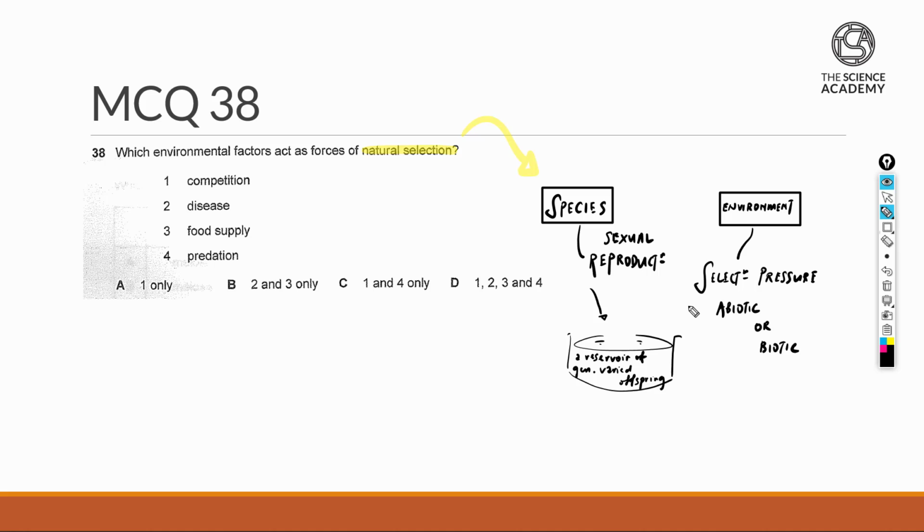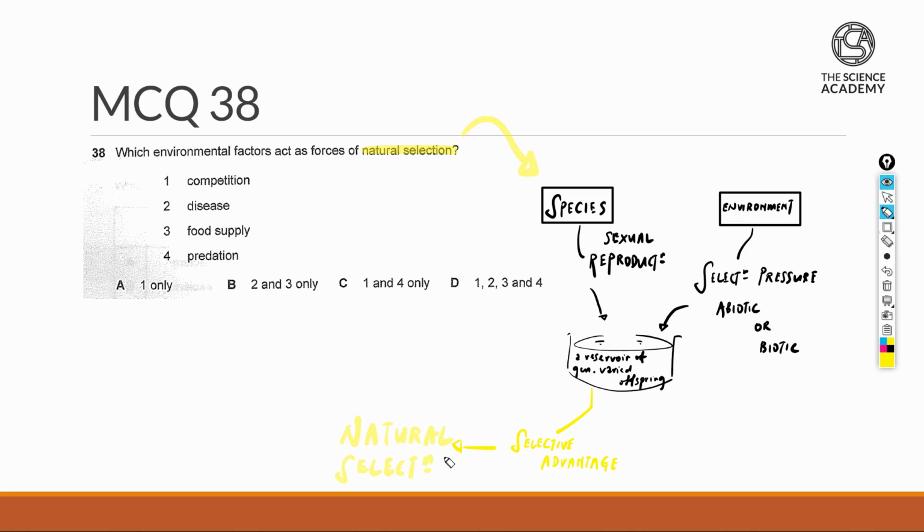It will actually then act on this pool of genetically varied offspring. Offspring that give rise to a selective advantage must have the phenotype that gives them an advantage in the current selection pressure. They will ultimately undergo the process of natural selection. They are being selected.